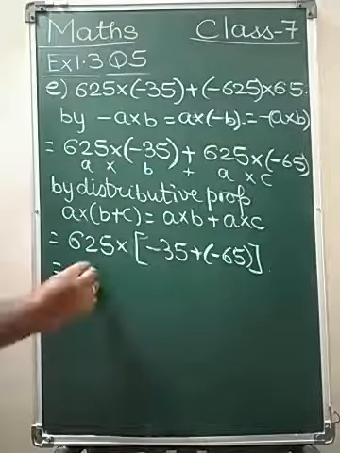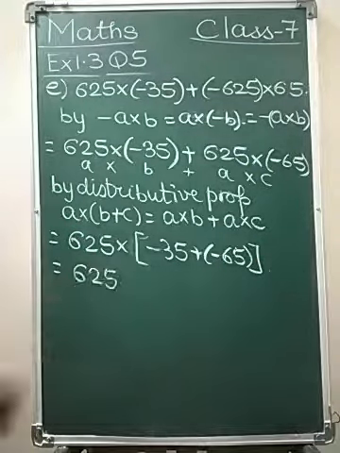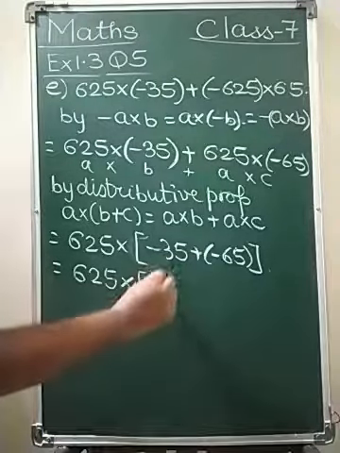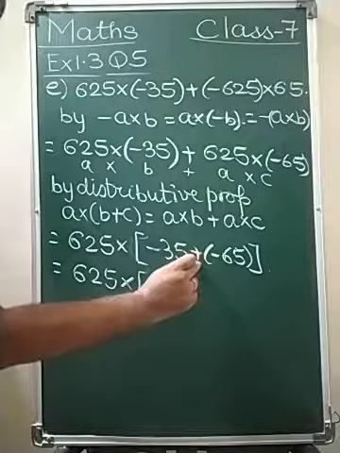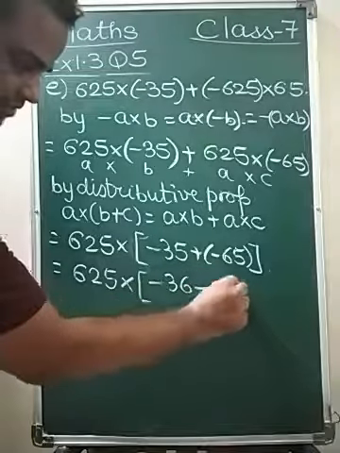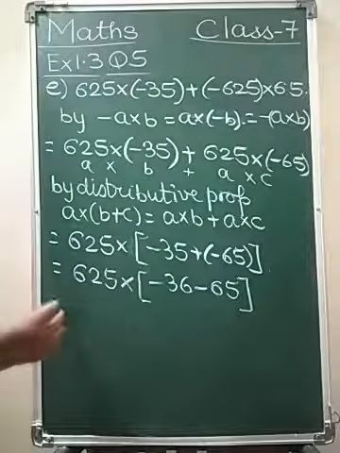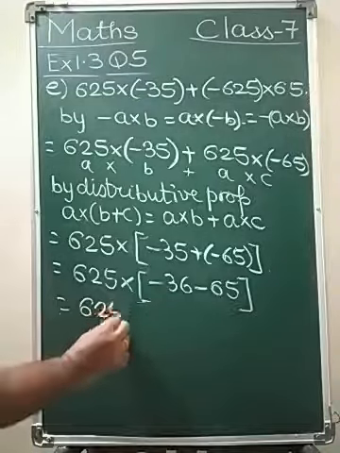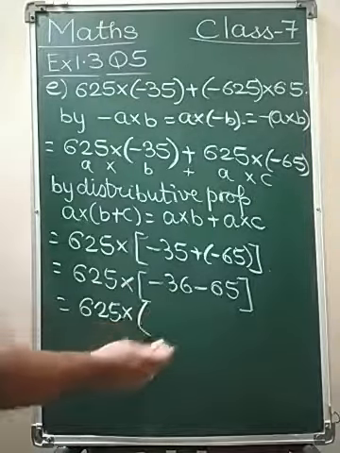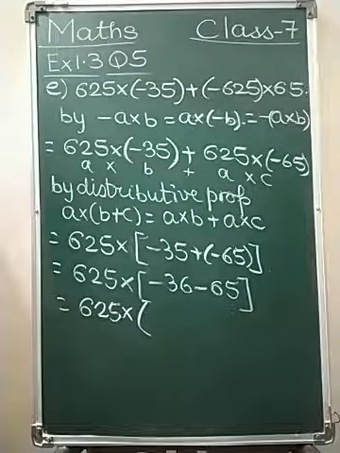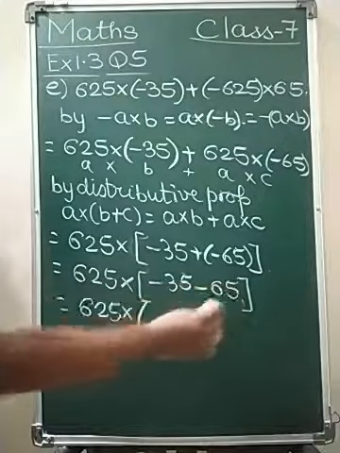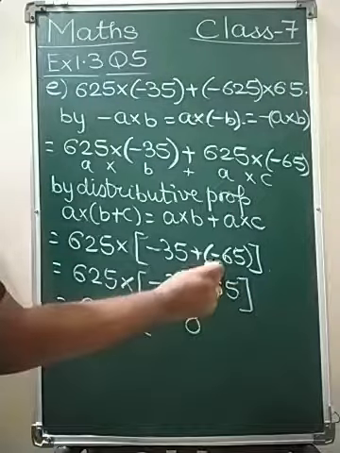So this equals to 625 multiplied by, we'll open up this bracket, minus 35, outside plus sign is there, so this will not change, this will remain minus only, minus 65. So this equals to 625 multiplied by, minus and minus, addition is to be done, so just let me check, 35, here is 35 written. 35, 5 and 5, 10, 0, 1, 6 and 1, 7 and 3, 10.